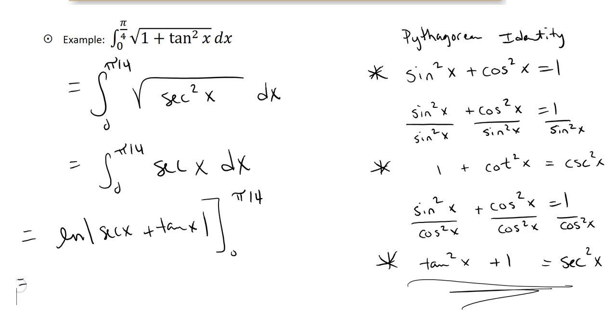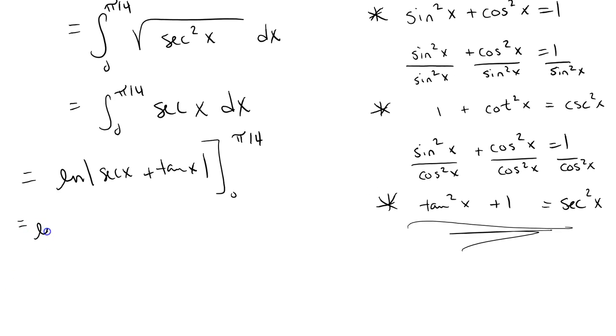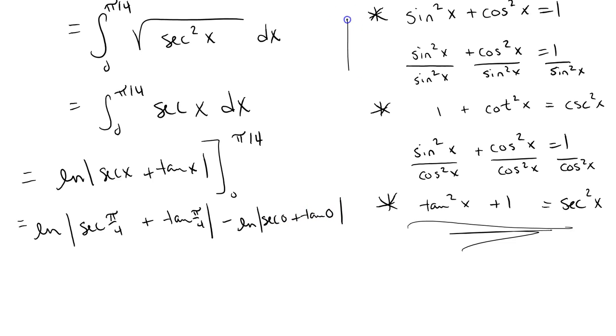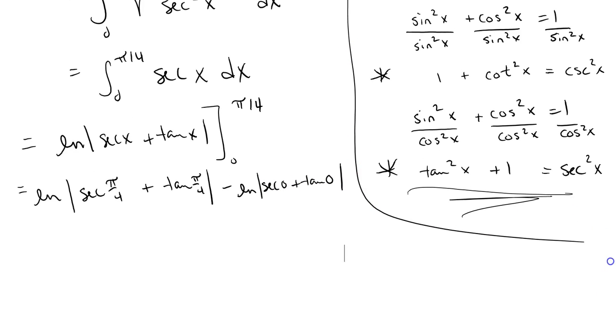So if I'm evaluating this as a definite integral, that'll be the natural log of the absolute value of secant of pi over 4 plus tangent of pi over 4, minus the natural log of the absolute value of secant of 0 plus tangent of 0. And if I have a right triangle, now pi over 4 is an isosceles right triangle.